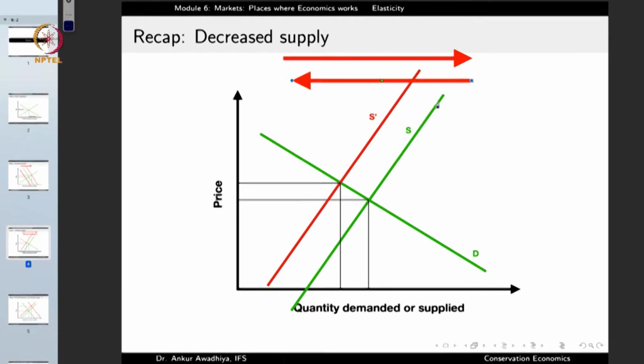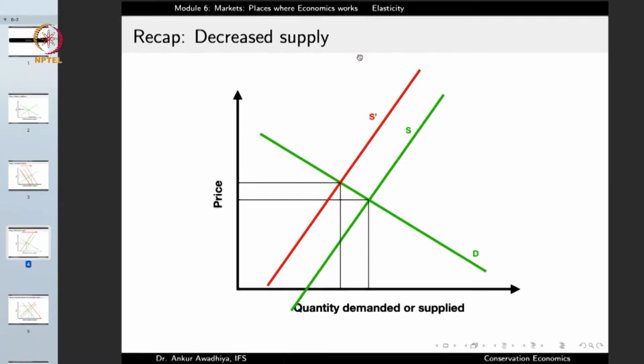Now, in this case, this is the original supply curve and this is the new supply curve. So the supply curve has shifted to the left, which means that we are now talking about a decreased supply. Now there is no change in the demand curve. So the earlier equilibrium was at this point. The new equilibrium is at this point.